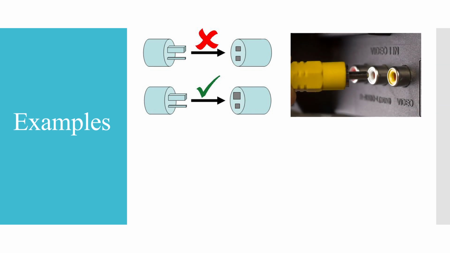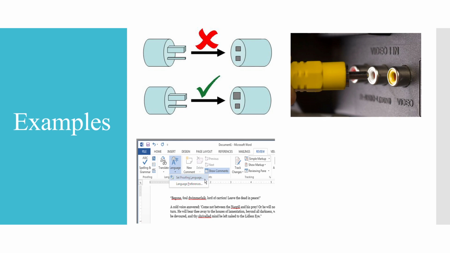Next is our USB cables or our TV cables. You will see the color coding system there, so that the blue cable will go only into the blue pin, so there is no confusion or mixing of cables and pins. Next, a simple day-to-day example is the grammar checker and spell checker in all our apps and software.